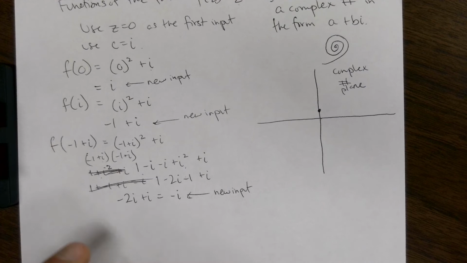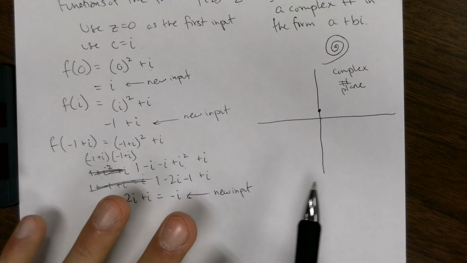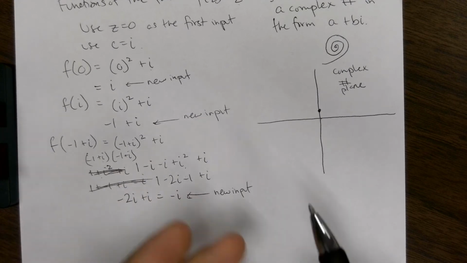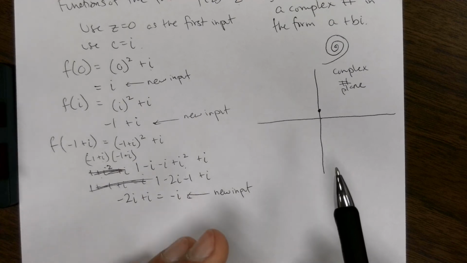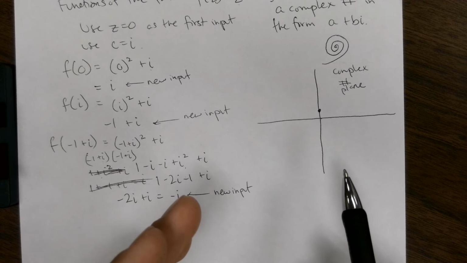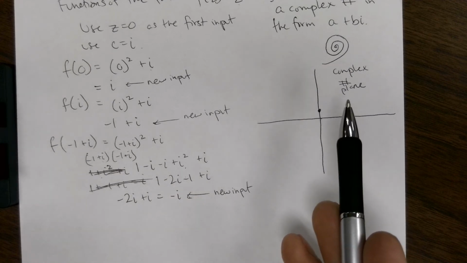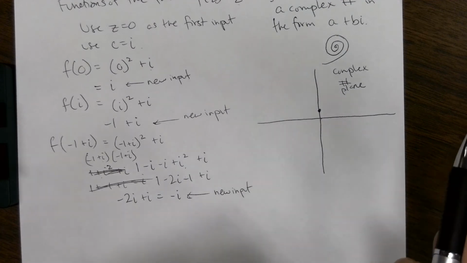Alright, so now, I am incorrect in saying this. So we have 3 different things going on here. I have an input, and then I have an output. The input is a complex number. The output is also a complex number. So being able to graph these on a single plane here, me saying that's possible is false.